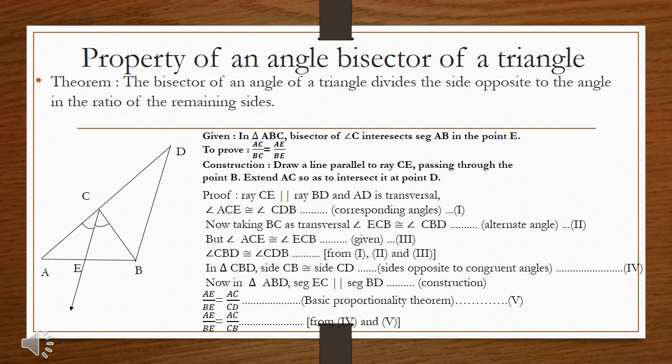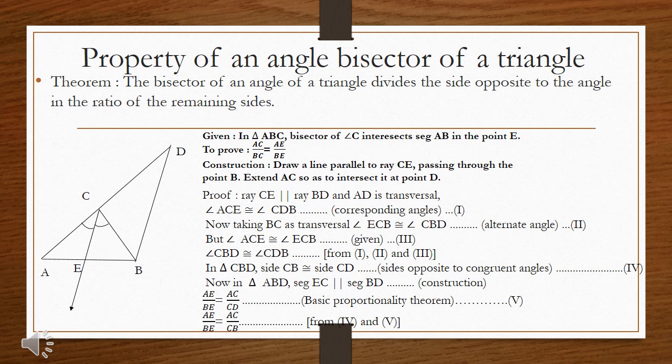So these two base angles are congruent, so the sides opposite to the angles are also congruent. So we can write that in triangle CBD, side BC is congruent to side CD, because sides opposite to congruent angles are congruent. Give it as fourth equation.